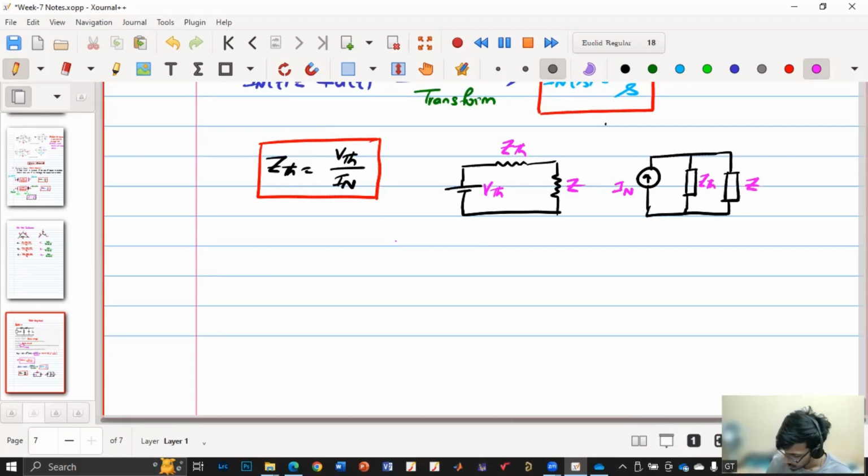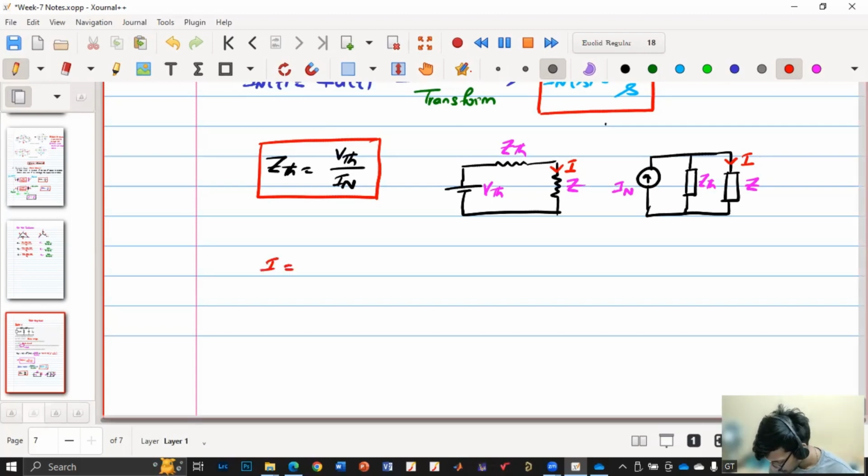Irrespective of whatever approach you use, the current through Z remains the same, isn't it? The voltage across Z should remain the same, because both are giving the same information. They are just the same circuit in a different representation. So what is my I?